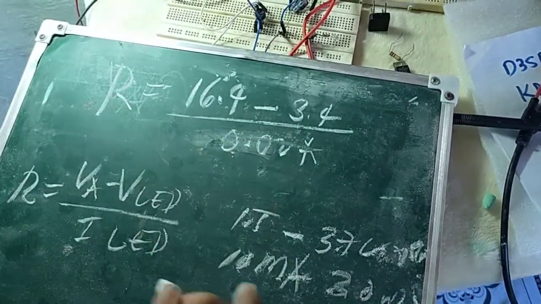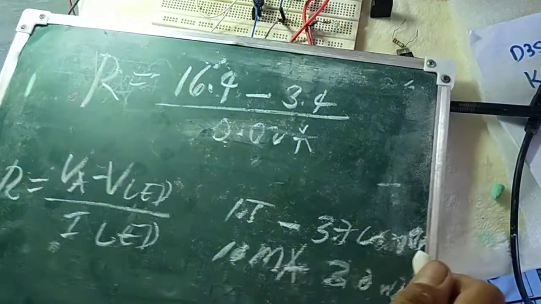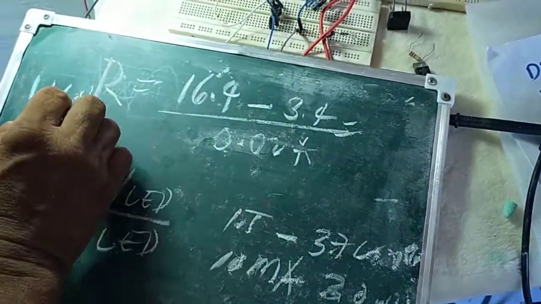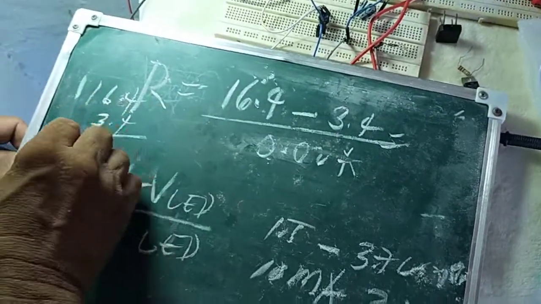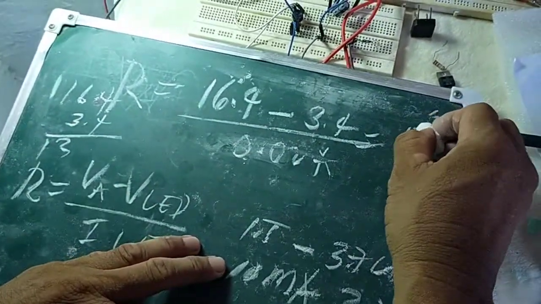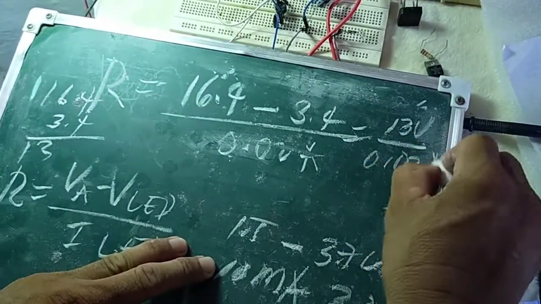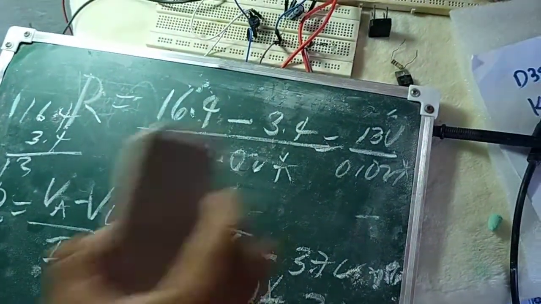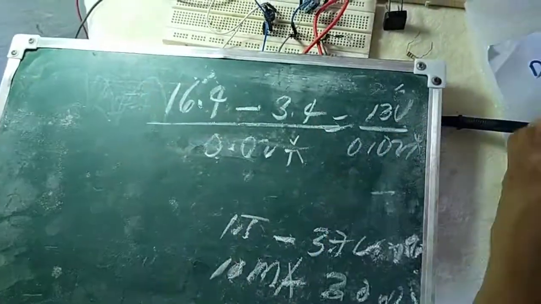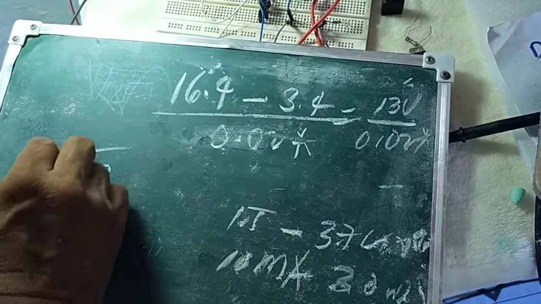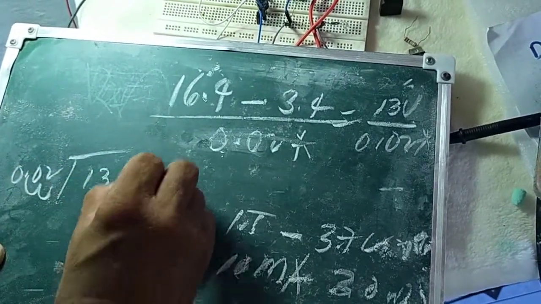So we choose 20 milliamperes, the center one. 16.4 minus 3.4 is 13. 13 volts over 0.02 amperes. 13 divided by 0.02.